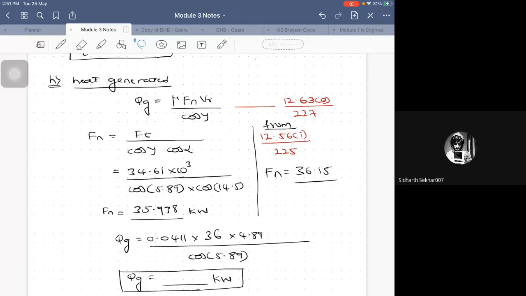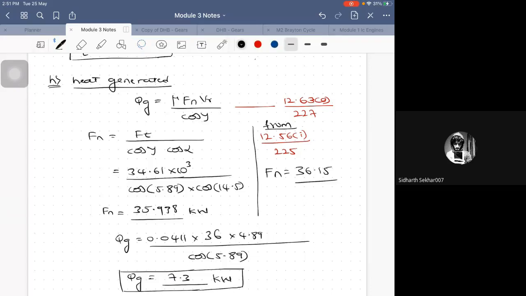So what is the value of heat generated? Okay, 7.3 kilowatt. So I would take it as 7.3 kilowatt.